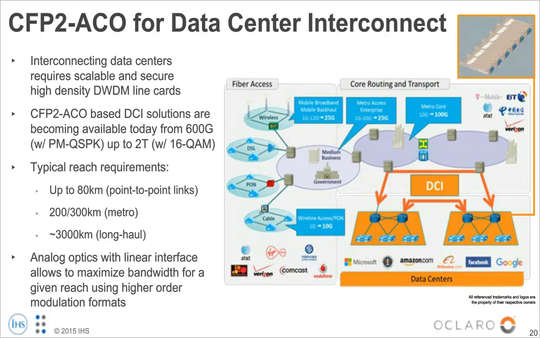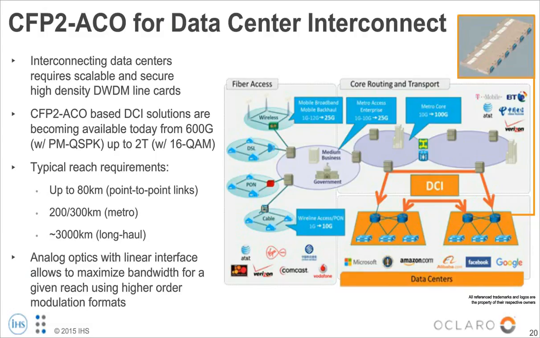So this is what we refer to as DCI, or data center interconnect, and a few different requirements are put onto this segment. What we're seeing, the initial pull for the CFP2 ACO is primarily for this data center interconnect application.